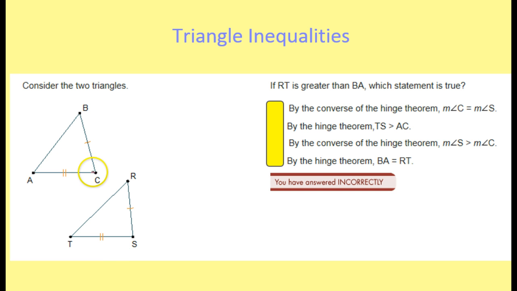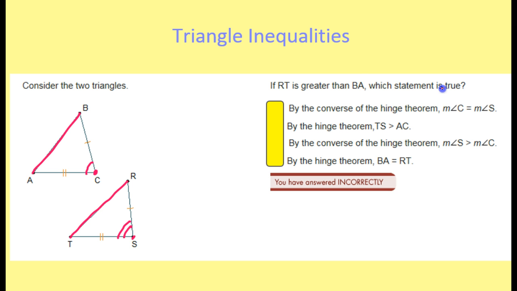I see this could be the hinge theorem because we have these two sides congruent to these two sides. So if angle S is bigger than angle C, that would mean that RT is bigger than BA. So we're talking about the angles and the sides. RT is greater than BA.